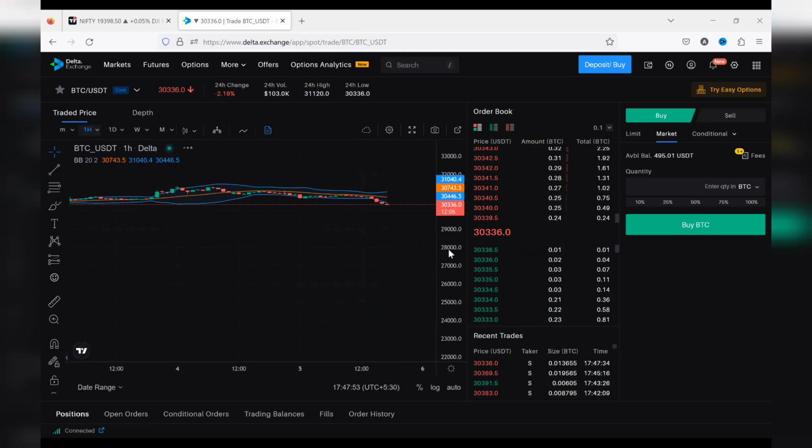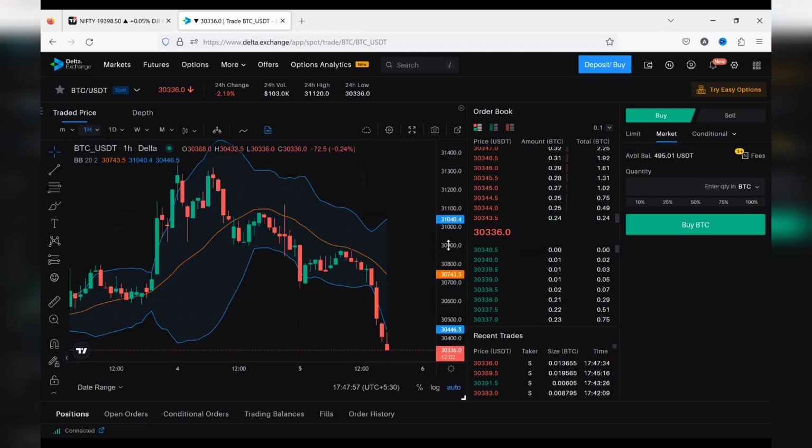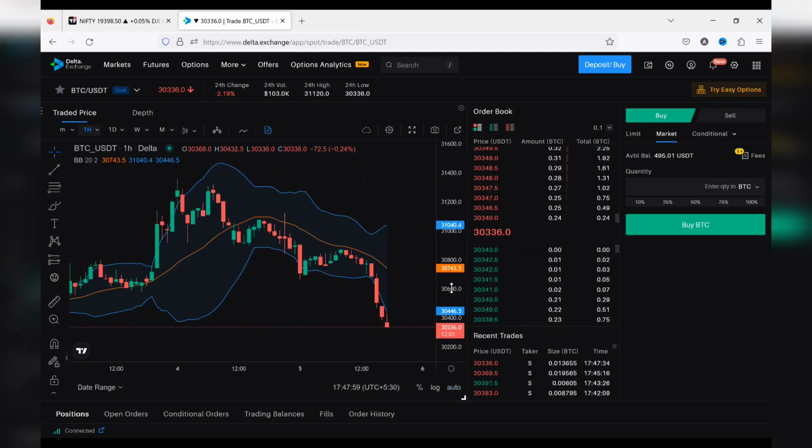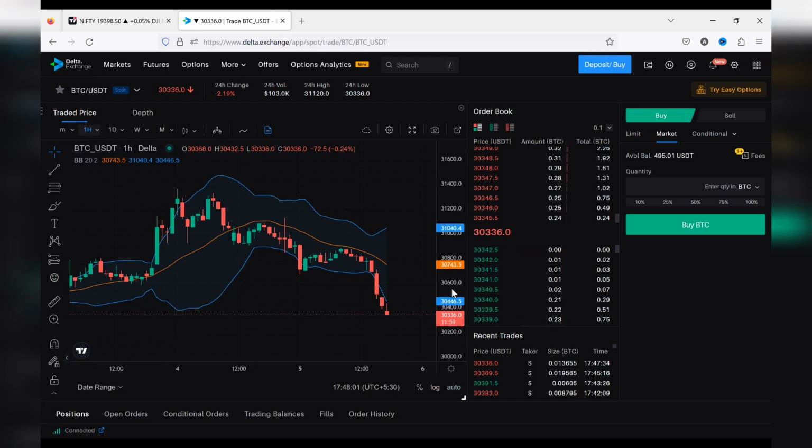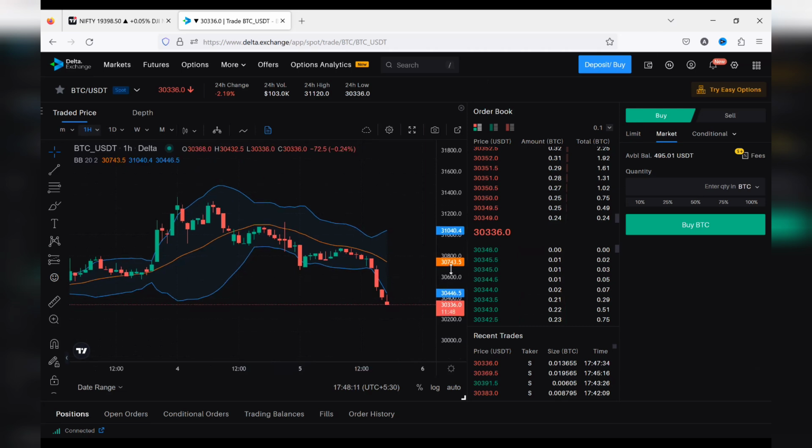ये आ गया हमारा 1 hour चार्ट, थोड़ा स्लो था बट 1 hour के ऊपर अगर हम देखेंगे तो यहाँ पर ओवरऑल जो ट्रेंड आप देख पा रहे बिटकॉइन का is on the downside. इस कैंडल ने, you remember the Bollinger Bands technique that we have looked at, this candle closed below the band. What is the strategy, guys? I am now going to explain you strategy in a very simple way.